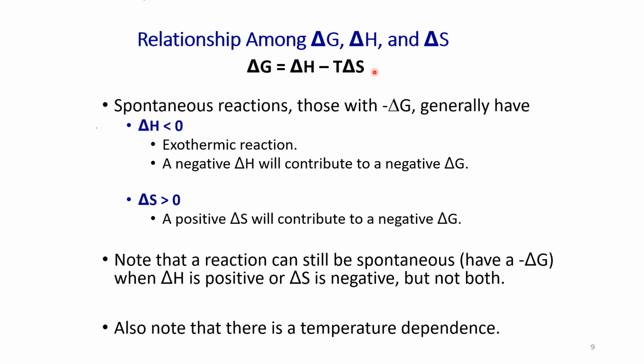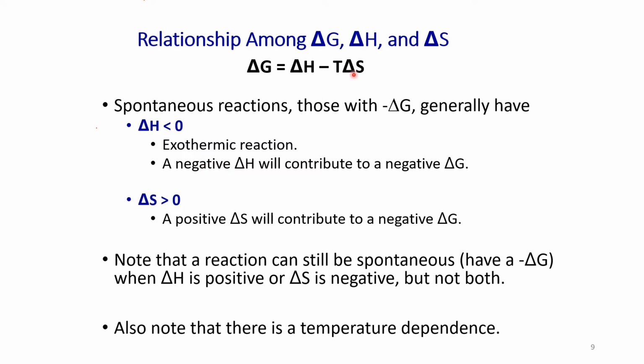All right, so looking back, tying back to your stuff from Gen Chem 1 again, you know that if delta H is less than 0, you have what's called an exothermic reaction, right? And a negative delta H will contribute to giving you a negative delta G. So having an exothermic reaction does help to explain spontaneity.